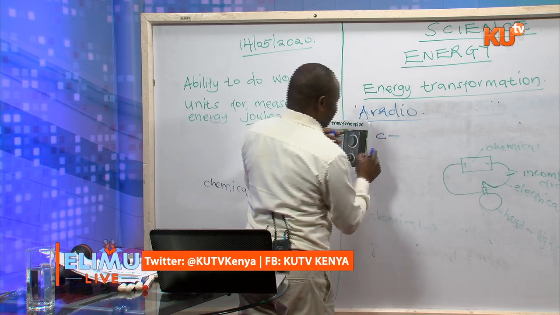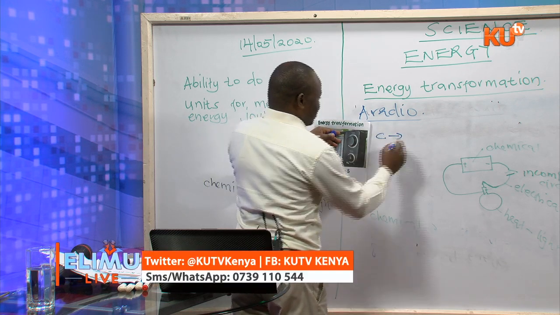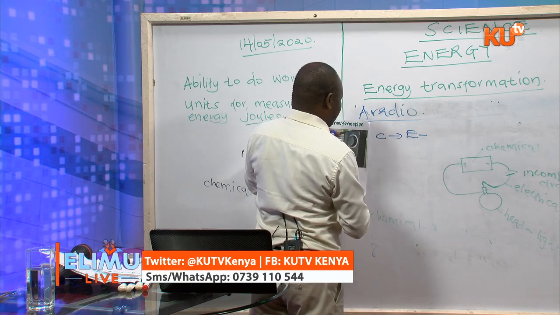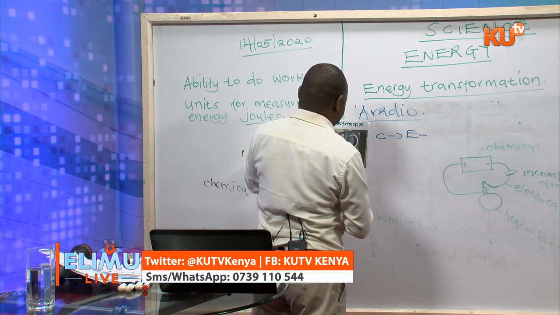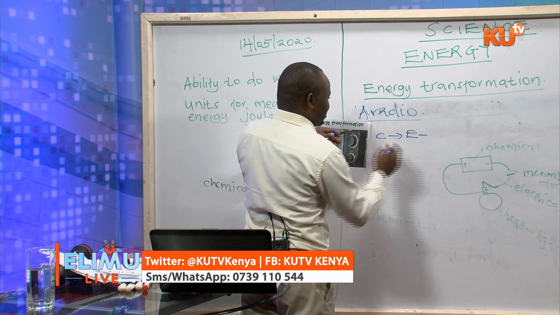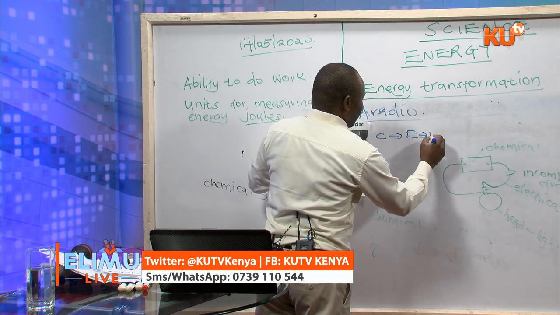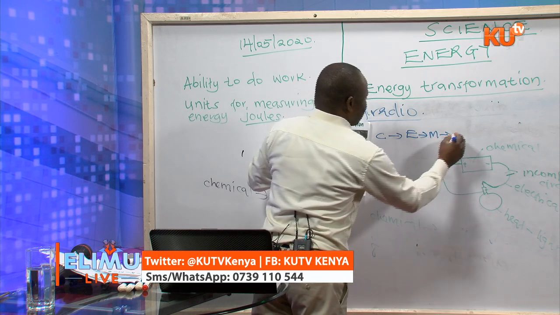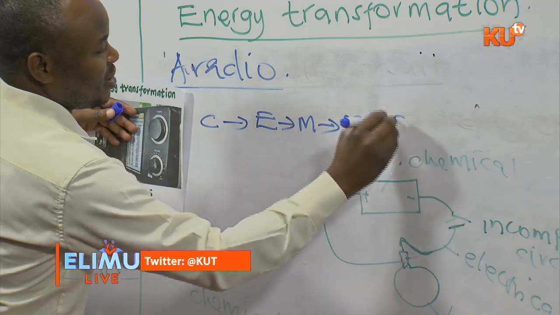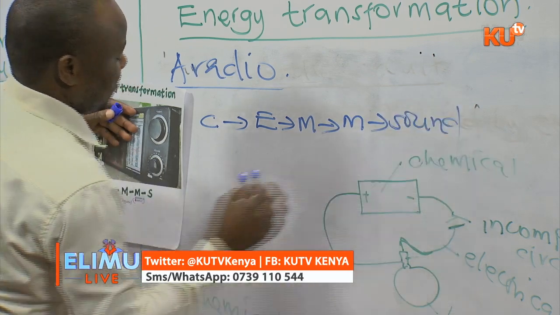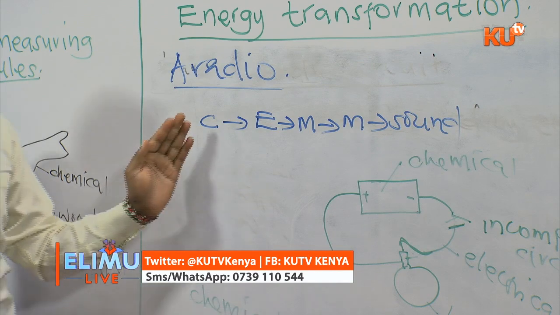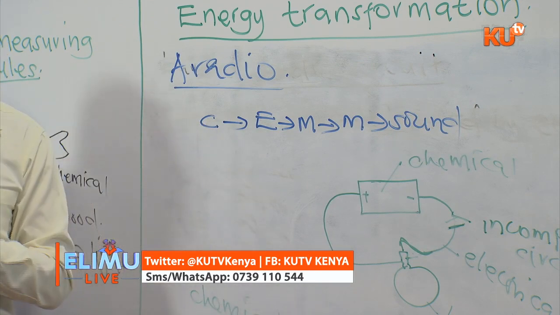Chemical energy, electrical energy, energy in wires, then magnetic energy, then mechanical energy, then last we have sound energy. Let me take you through this for you to understand. We have chemical energy, the energy in dry cell.